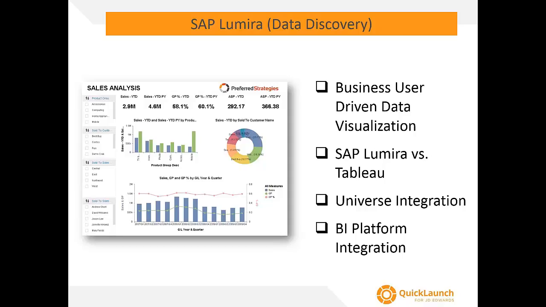When I think it first came out, it was called Polestar, and then they rebranded it as Explorer, which was an ability to take a universe, select your dimensions and measures in a predefined format, and quickly drill through and analyze the data. The completed component was called an information space. So love all the names.